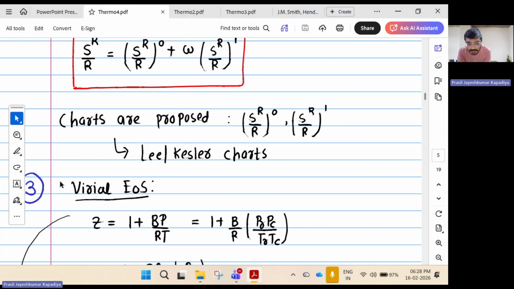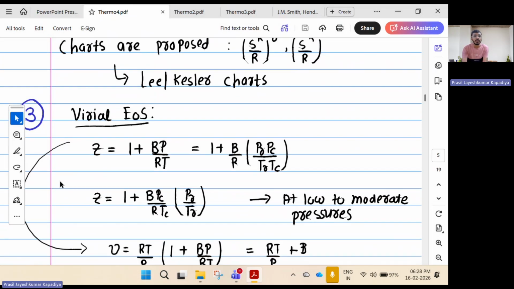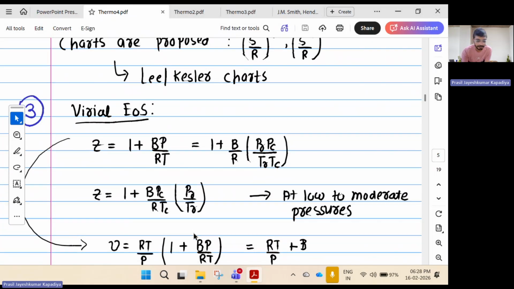Now, the third way is the virial equation of state, which we studied last class to find the PVT behavior of gas. For the virial equation of state, Z is defined as 1 plus BP by RT, or pressure explicit, it is similar. If I replace P as PRPC and T as TRTC, I get that Z is 1 plus BPC by RTC, PR by TR.